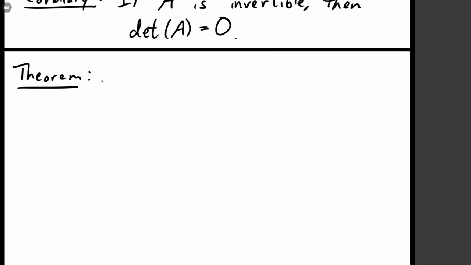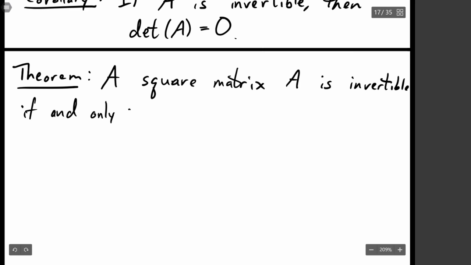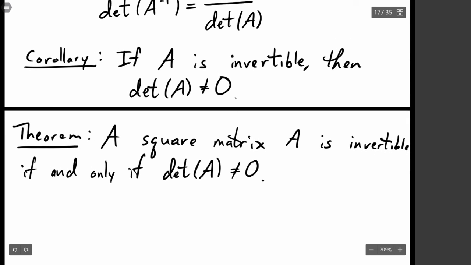This theorem we can say is that a square matrix A is invertible if and only if the determinant of A is not 0. Oops, that was supposed to be a not equal to 0 up there.